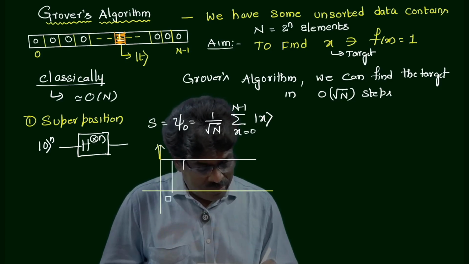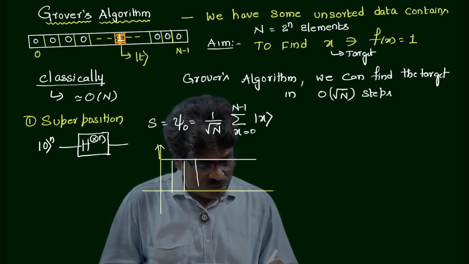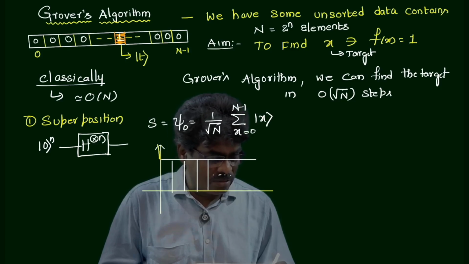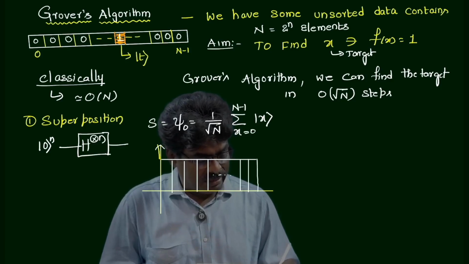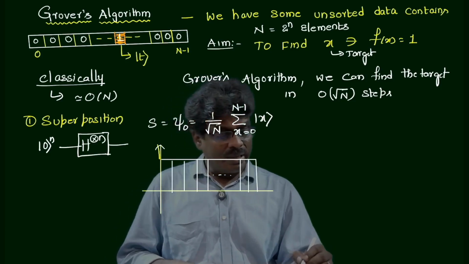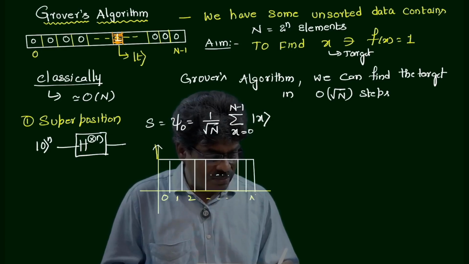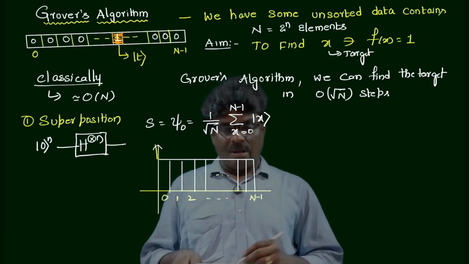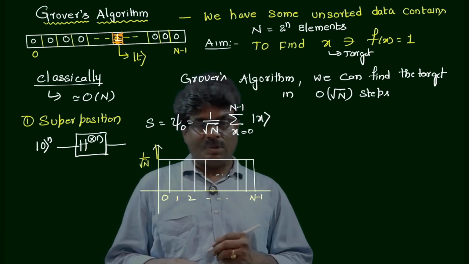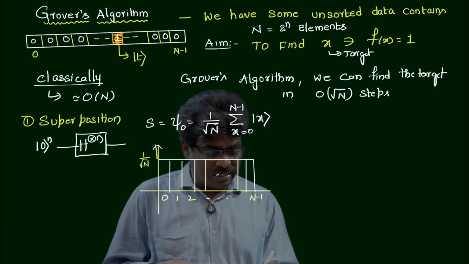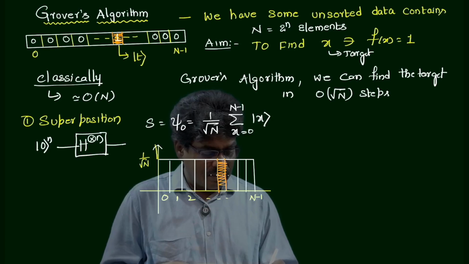First one is 0, next one 1, 2, 3, and so on, and the last one is the N minus 1 state. All these have an amplitude of 1 over root N. Somewhere in the middle we have this target state.